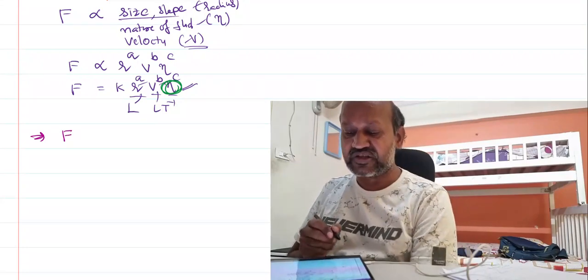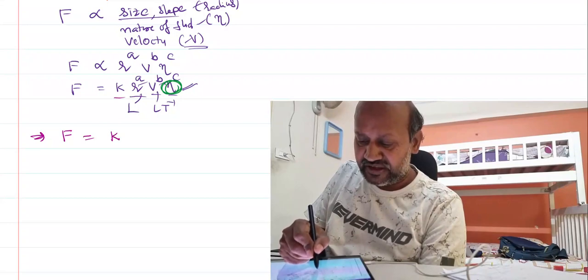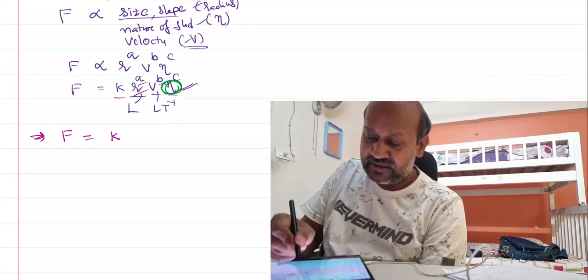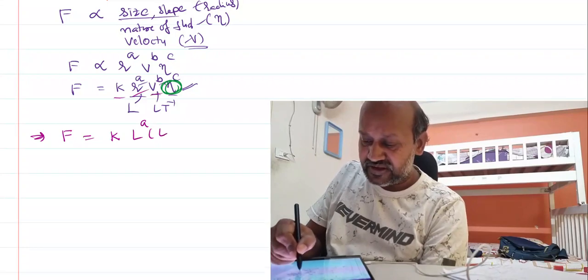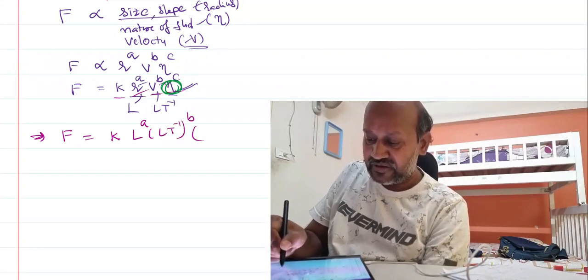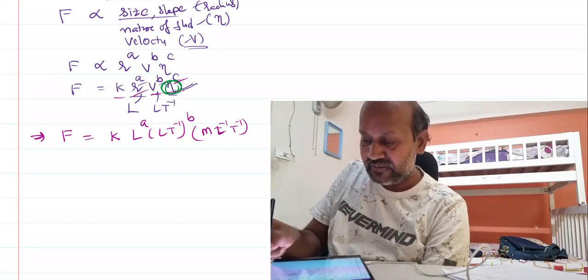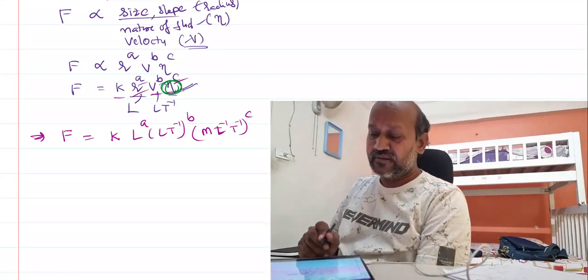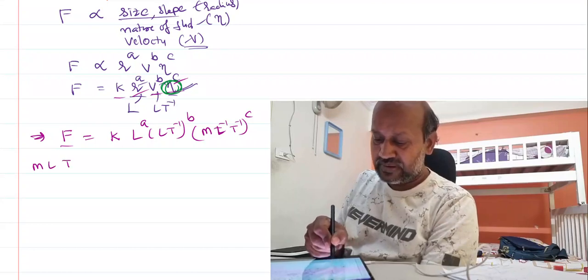Viscous force experienced by a solid is constant. We need not worry dimensionally. Radius, that is L to the power A. Velocity of the solid, L T^-1 to the power of B. Coefficient of viscosity we have just now discussed, M L^-1 T^-1, whole power of C. Force has the dimensions I know: mass into acceleration, M L T^-2.